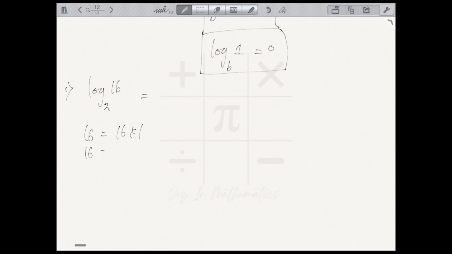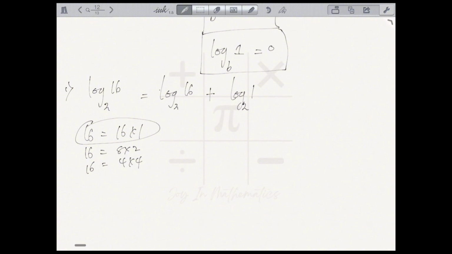It can also be written as 8 multiplied by 2. It can also be written as 4 multiplied by 4. So if we use 16 is equal to 16 multiplied by 1, applying the addition law, we'll have log 16 to base 2 plus log 1 to base 2.